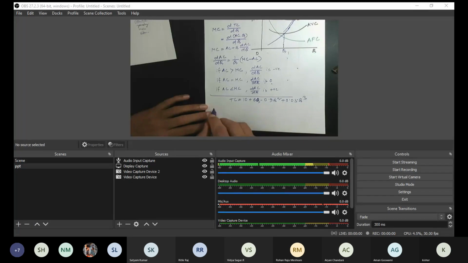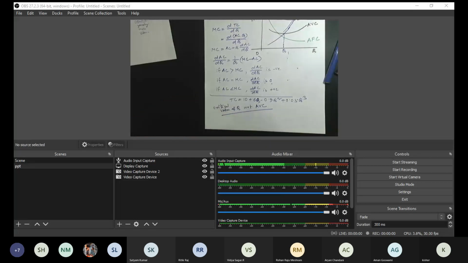So find the critical value of output Q with respect to ABC. Tell me what that value will be, quickly, using that equation. Mathematically you can prove it quickly, you are good in mathematics. You should not take more than 2-3 seconds.